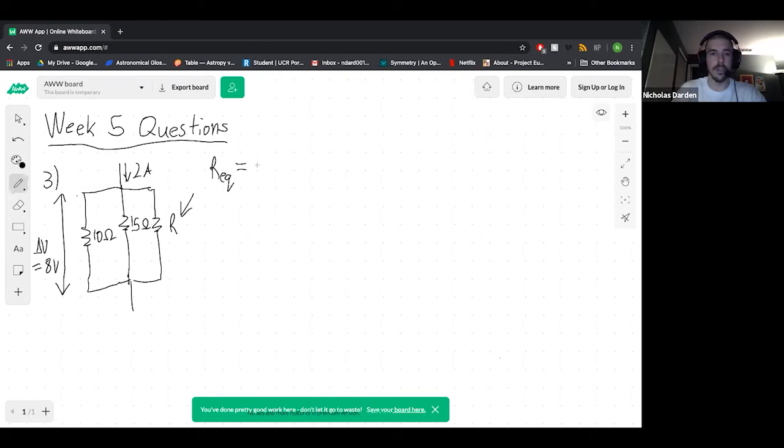So I can say R equivalent is just equal to, in general, delta V over I. That's coming from Ohm's law. And then using how we add resistors in parallel, it's going to be 1 over 10 plus 1 over 15 plus 1 over R, this R that we're looking for, and then it's to the negative 1.